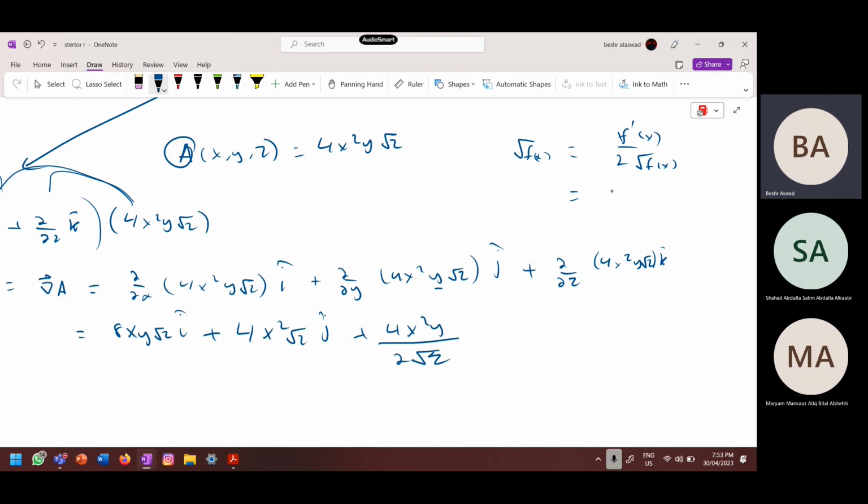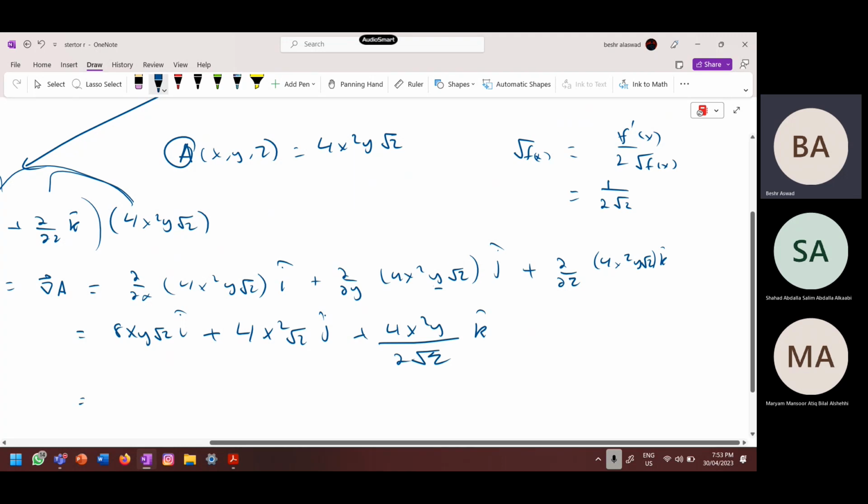So in our case, you get f prime of the inside of the root, which is just 1, over 2 square root of the actual root, which is z. You can see we just did the same thing here.